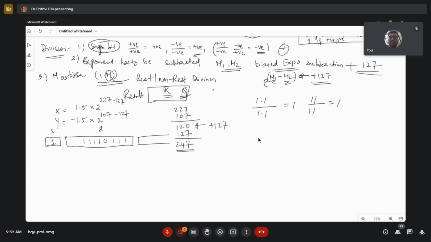If you remove the decimal point and do the division, or with the decimal point, what is the resultant value if you take a normal decimal division? Is this 2.5 or 1.5?